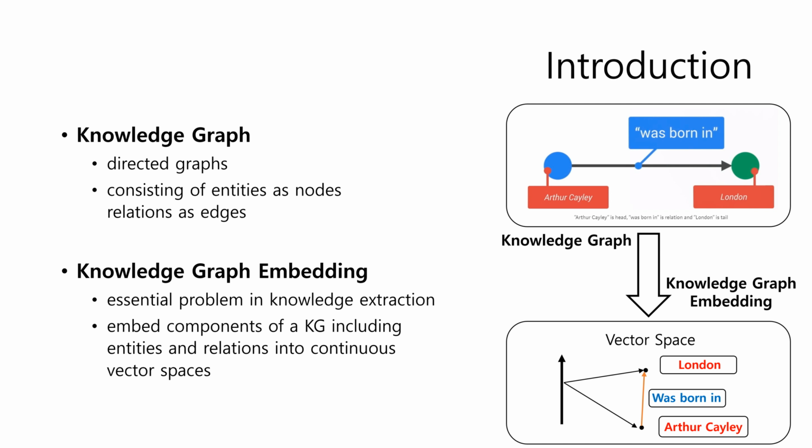To illustrate, as you see on the right side, the entities Arthur Cayley and London, and the relation was born in, are mapped into vectors. So this is the knowledge graph illustrated, and when we get into knowledge graph embedding, it shows up in a vector space like this.